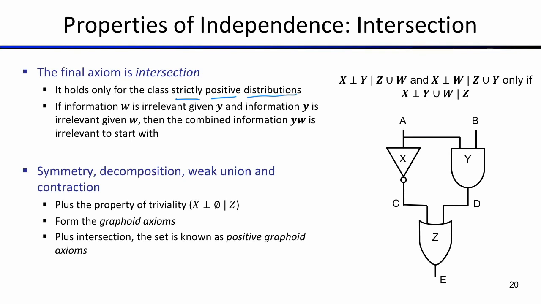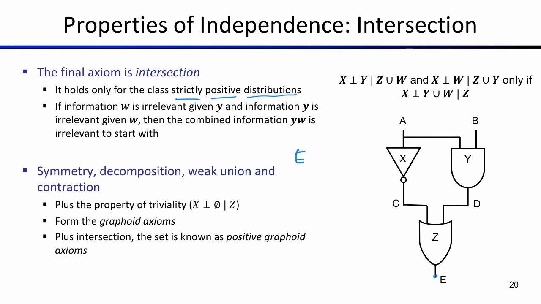I will just show you one example where the intersection property does not hold because we have one of these deterministic distributions, and that case can be easily illustrated with a digital circuit, because in a digital circuit we have these deterministic distributions. So in this example here, this is the output.